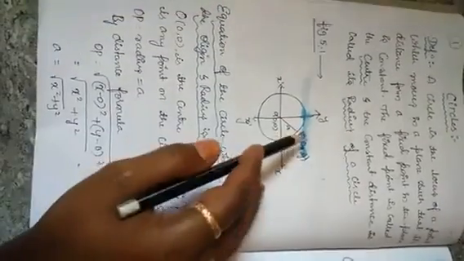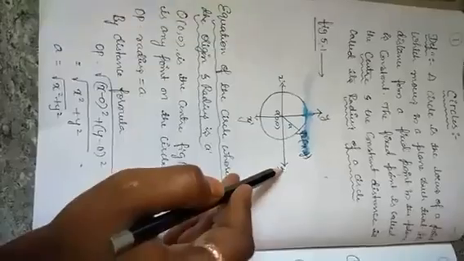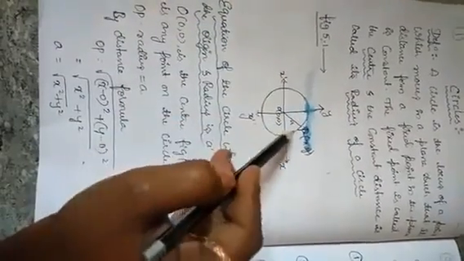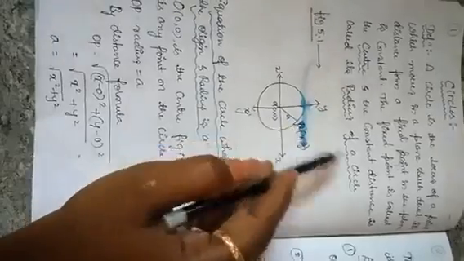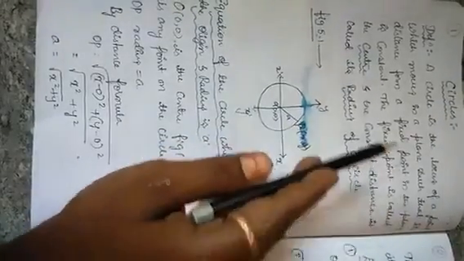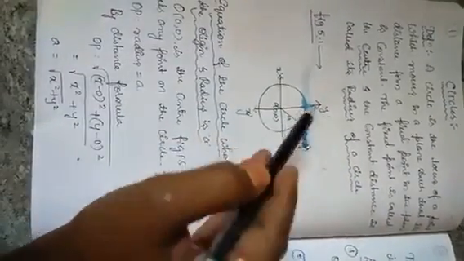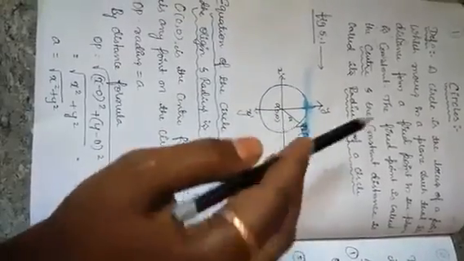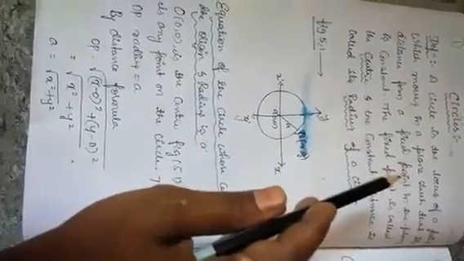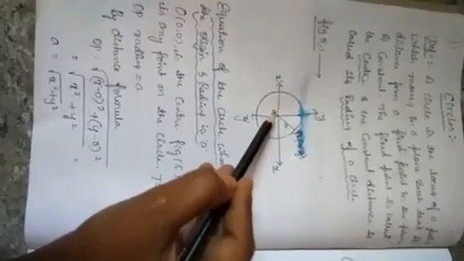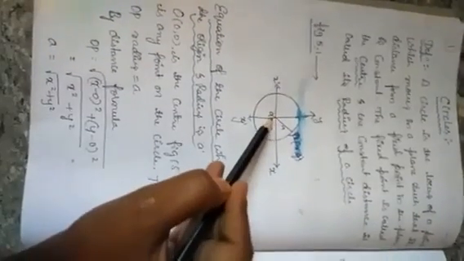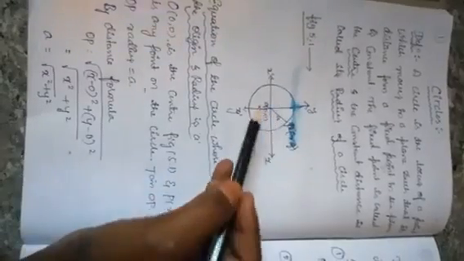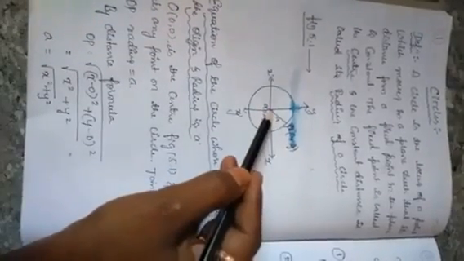See, this is the x-axis, this is the y-axis. Draw a circle here. What they are saying is, a circle is a locus of a point which moves in the plane. Plane means the xy plane, such that the distance from the fixed point here, we also call it the origin, is constant.